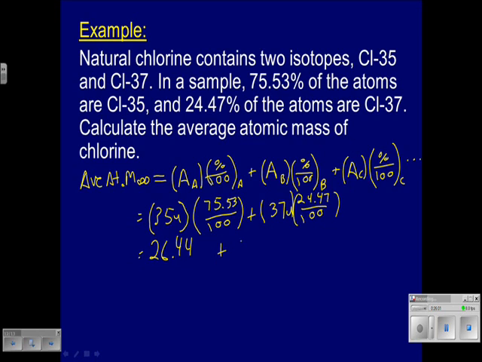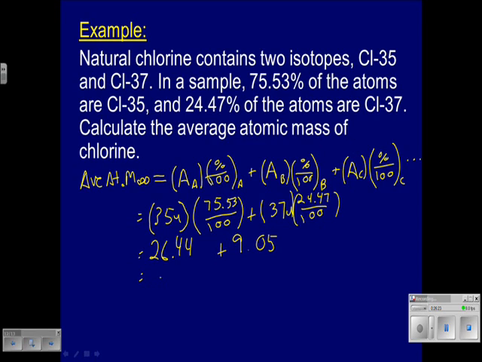That second piece is 9.05. So what does this mean? It means that the 75% of the isotope that is 35 contributes 26 mass units of the mass. The 37 contributes 9.05 mass units.